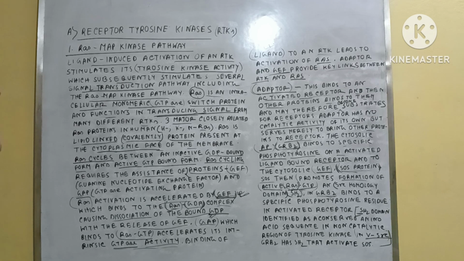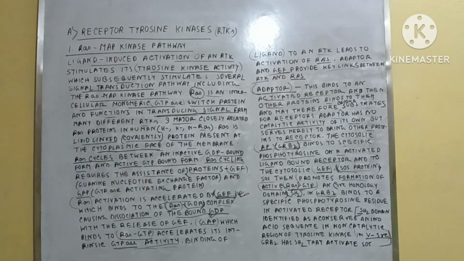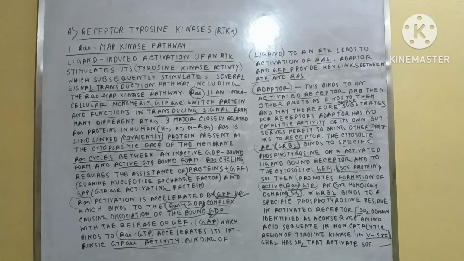Okay, so here another important thing is the ligand. If the ligand is not bound to the receptor, the receptor is not activated. So the ligand must bind with the receptor to activate it, and if the receptor is not activated, no proteins bind.